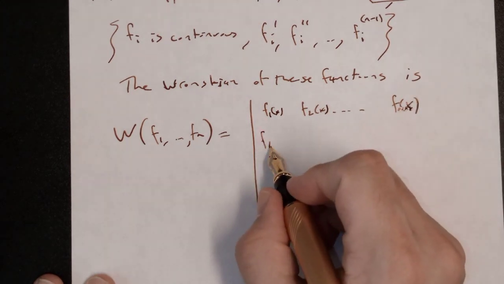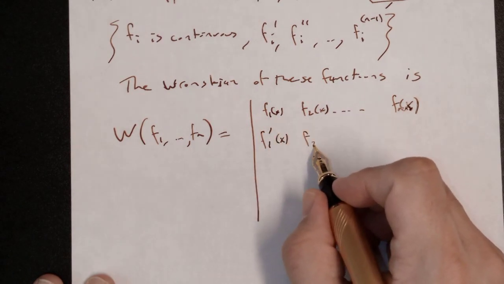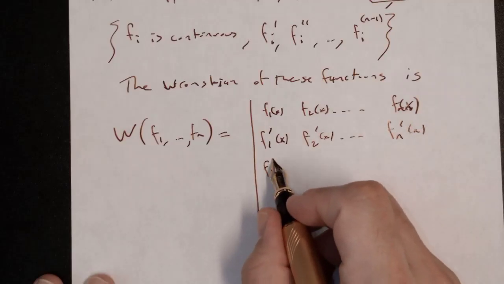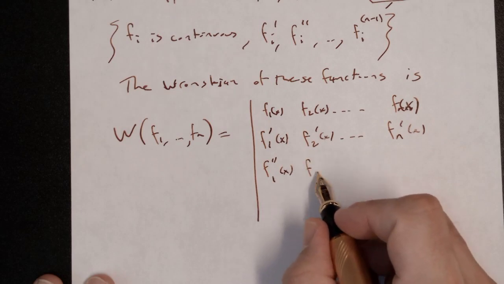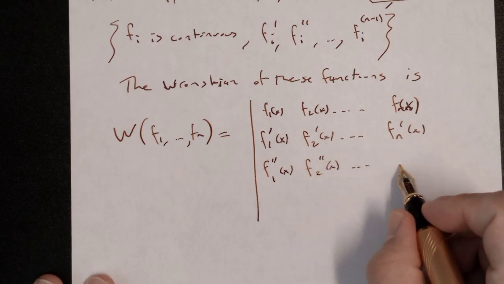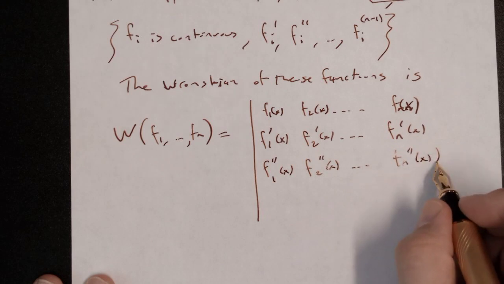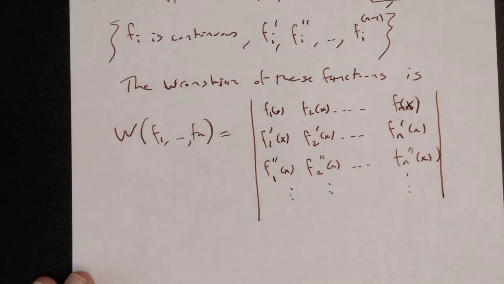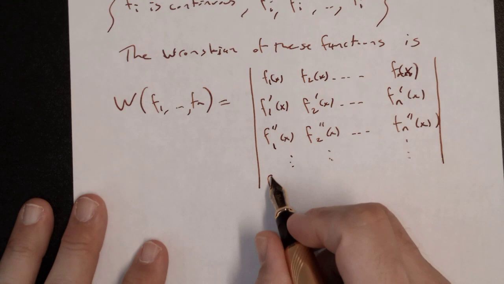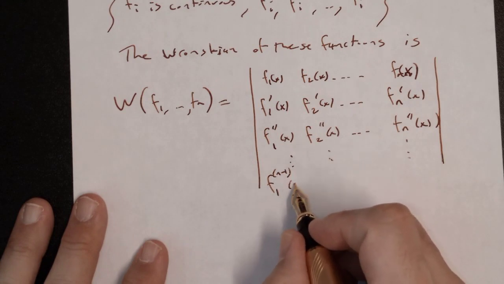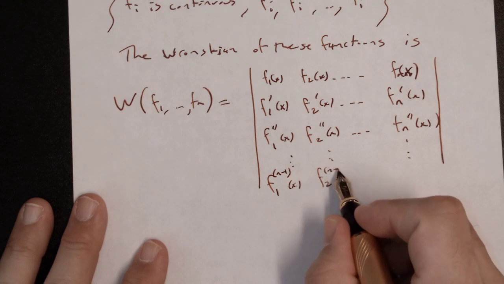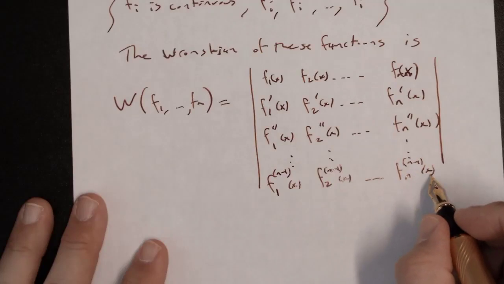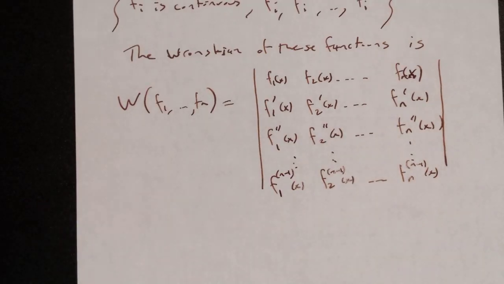In the second row are all the derivatives. In the third row are all the second derivatives. And in the last row are all the n minus 1 derivatives. And the bars mean take the determinant.